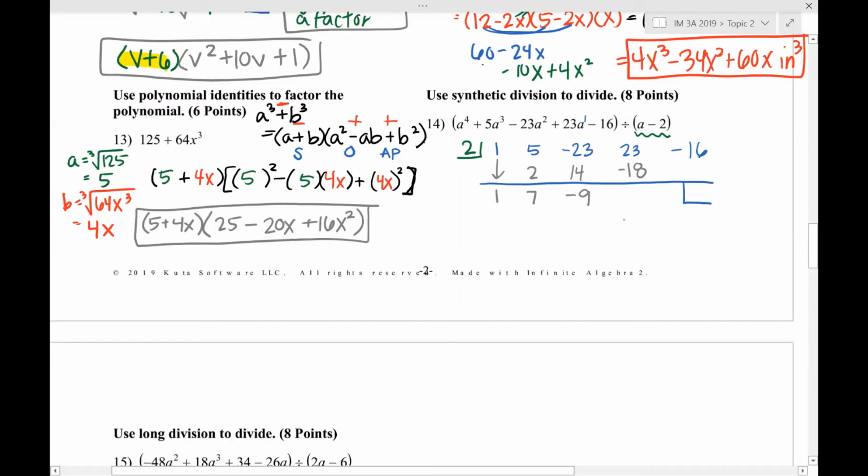Negative 18 plus 23 is going to leave us with positive 5. And then 2 times 5 is 10. So our remainder is going to be negative 6.